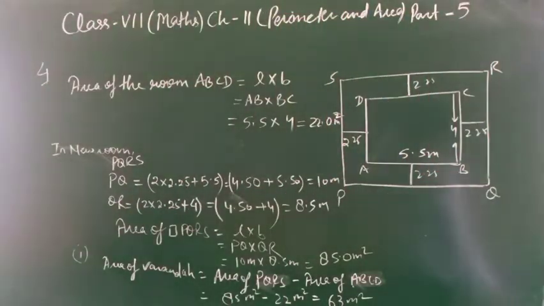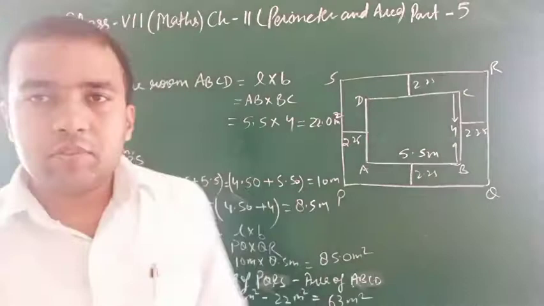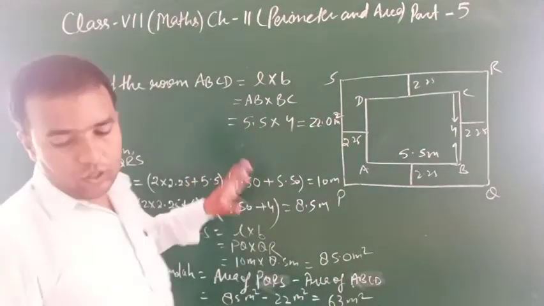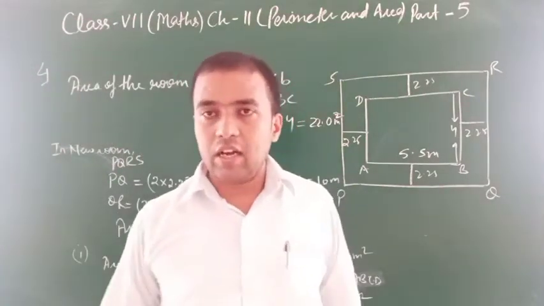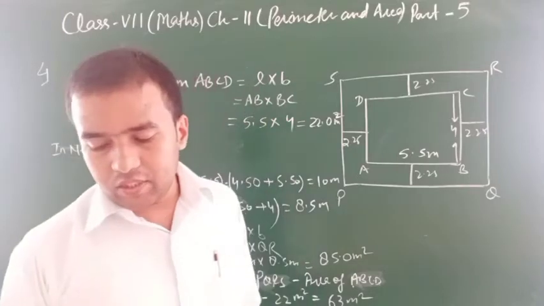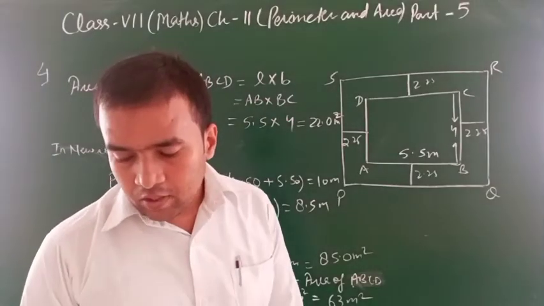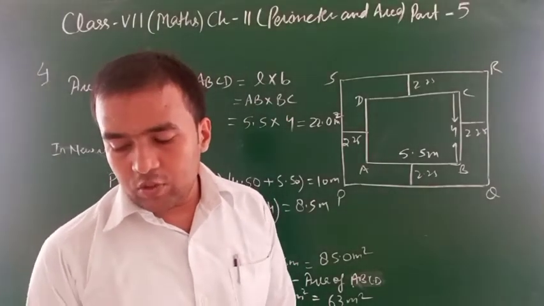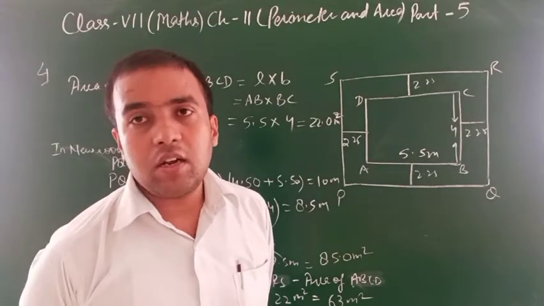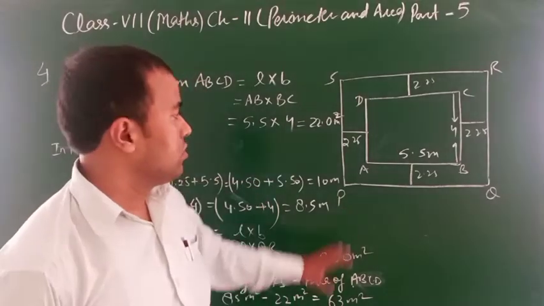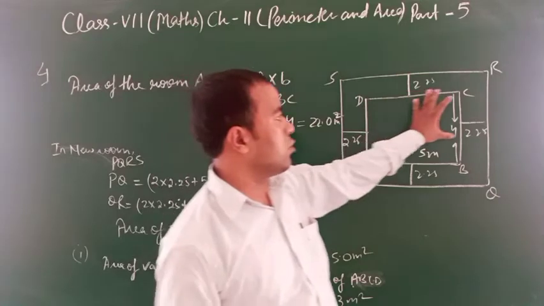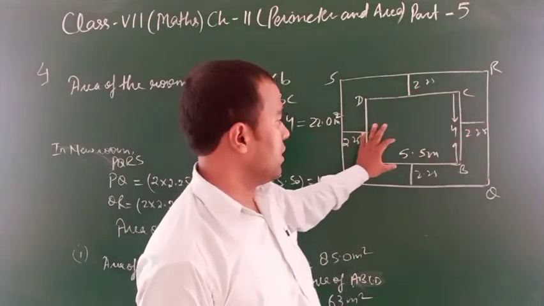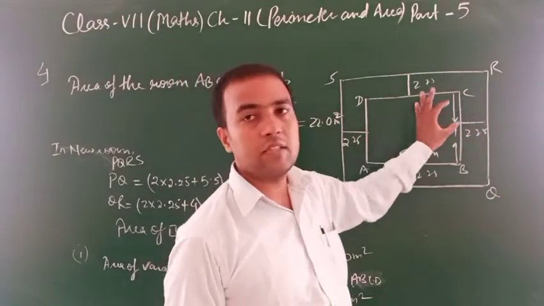Again I am telling you, one question is given: a veranda of width 2.25 meter is constructed all along outside a room which is 5.5 meter long and 4 meter wide. It is a room ABCD. Length is 5.5 meter, breadth is 4 meter.